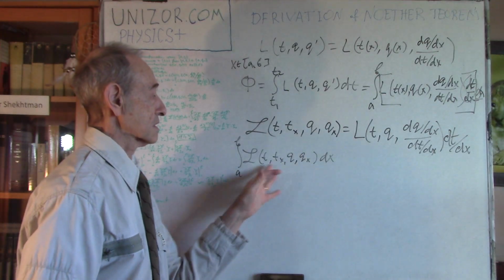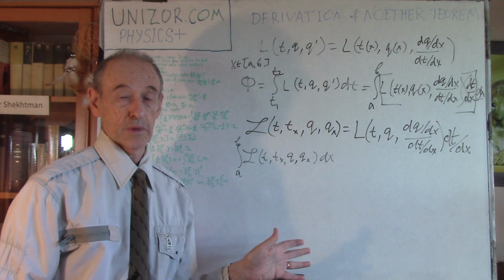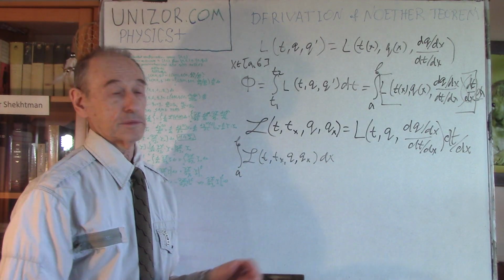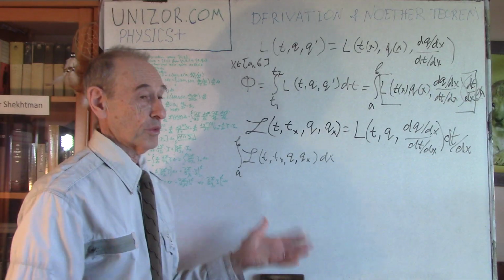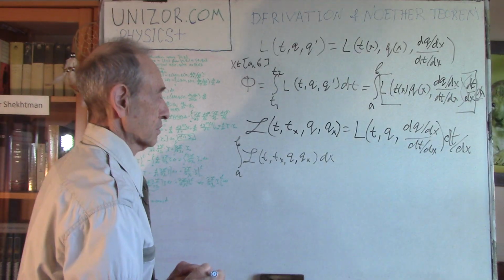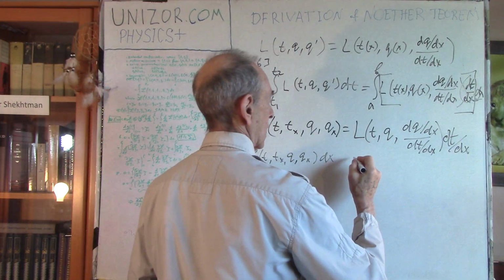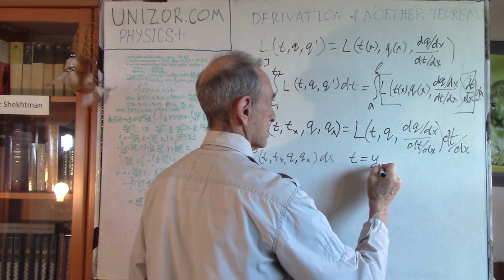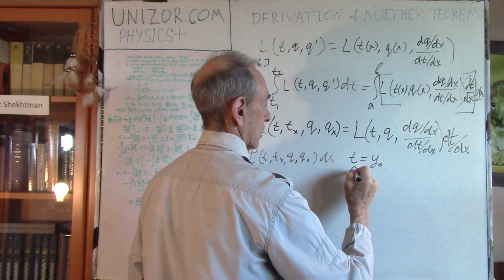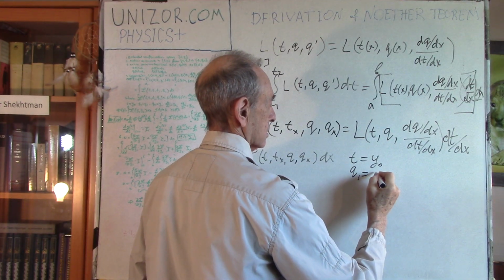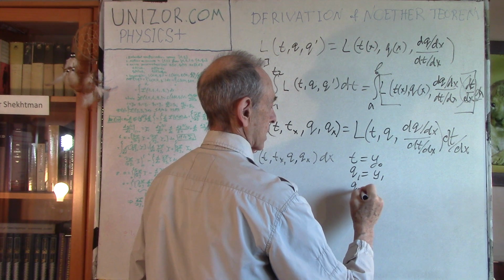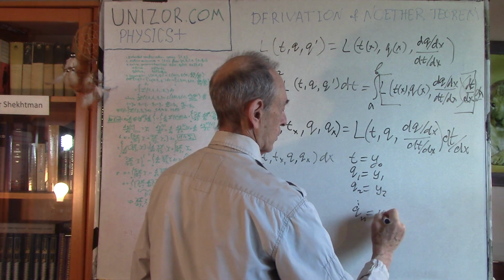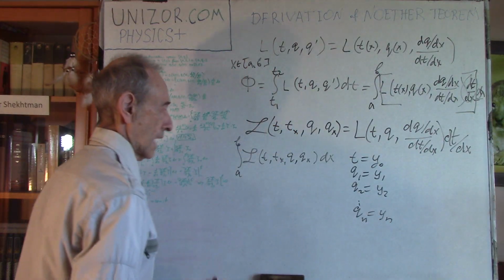My space coordinates are not different from my time coordinate. I will go even further. If I don't want to differentiate between them, I will just change the symbolics. My time coordinate would be y0, my first q coordinate would be y1, my second would be y2, etc., and qn would be yn.